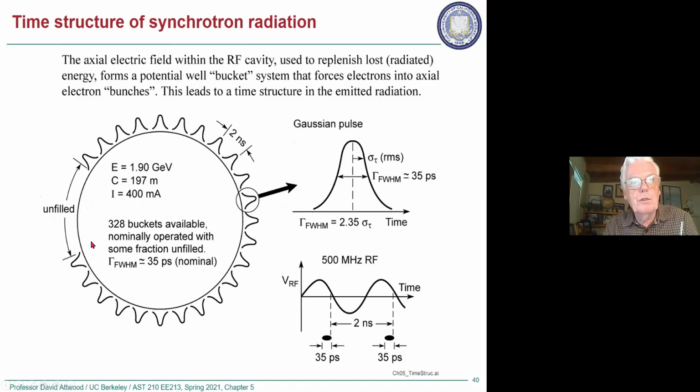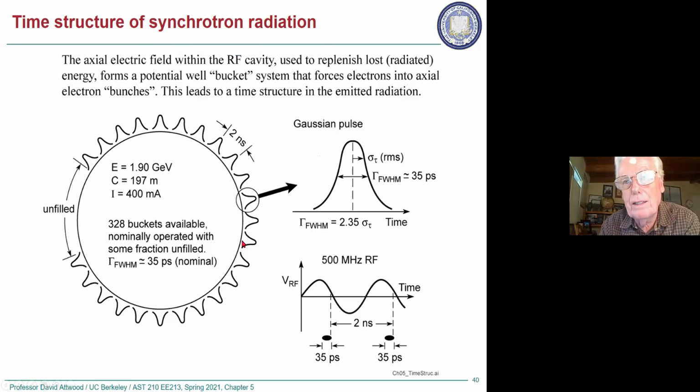Okay, oh yeah, and time structure. So I wanted to mention this to you. I told you before that as the electrons go around the ring, the electrons radiate, and it's somewhat statistical. Not all of the electrons are radiating the same amount, and that, as I described it, you would have thought that, but there's some statistical variation to it. At any rate, some electrons are radiating more than others as they go around the ring.